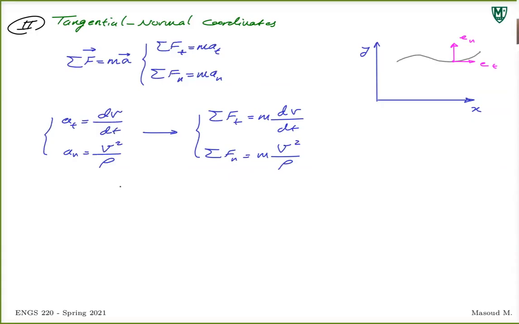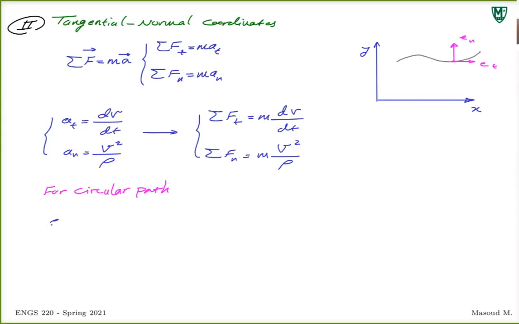We also looked at a special case. We said, if it's motion on a circular path, if you remember, the radius of curvature is r in a circle.